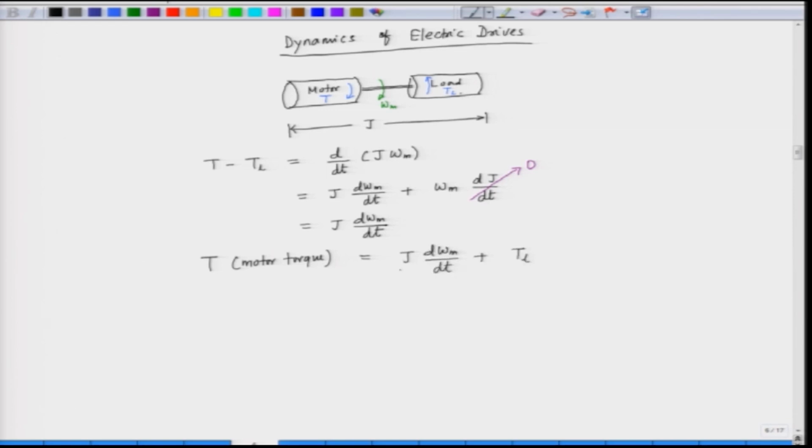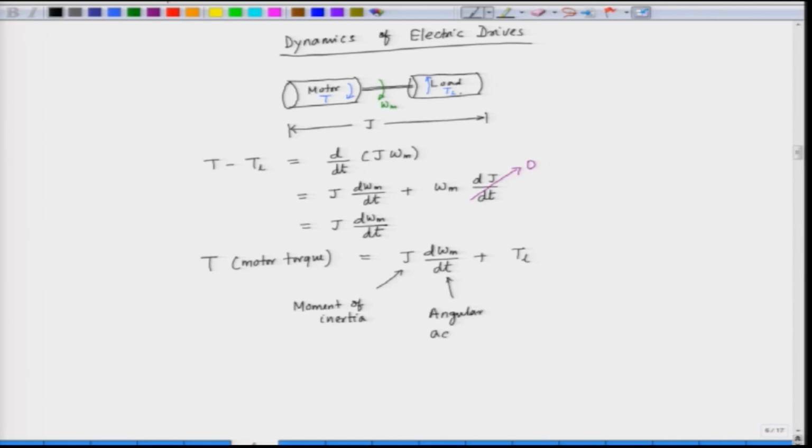Now, what is J? J is called the moment of inertia. What is d omega m by dt? This is called the angular acceleration.